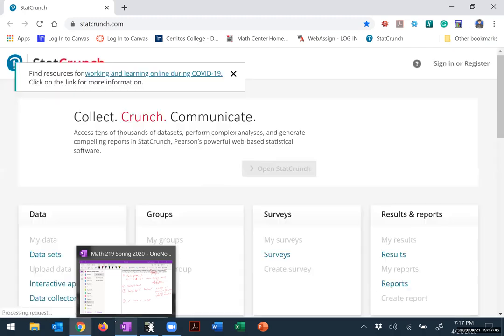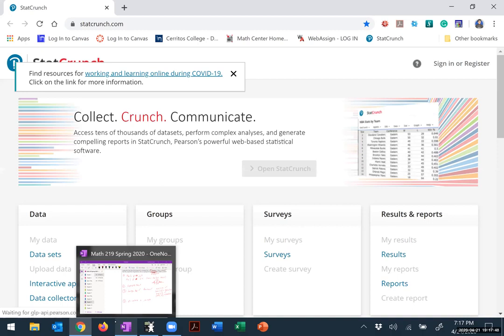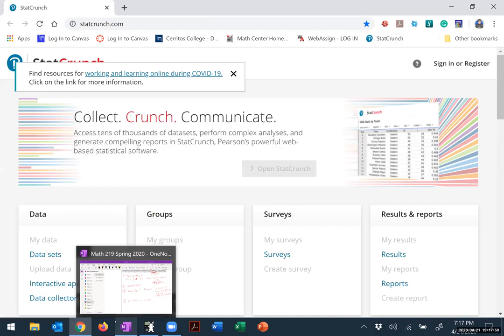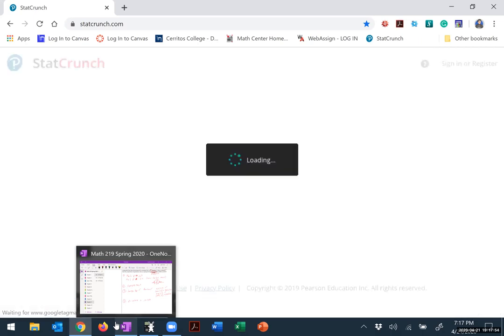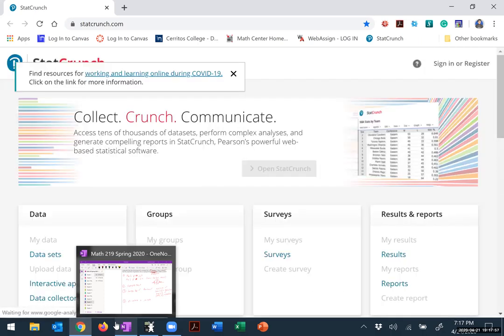We're just going to, instead of doing a confidence interval, do a hypothesis test. Hypothesis tests and confidence intervals are very similar to each other. A two-tailed test is basically a confidence interval.